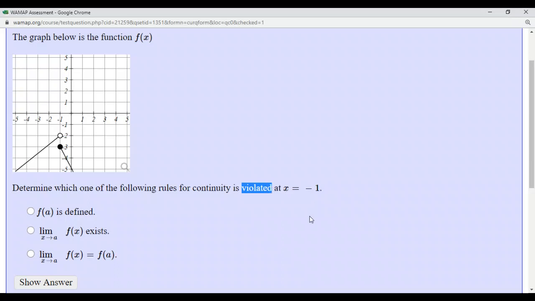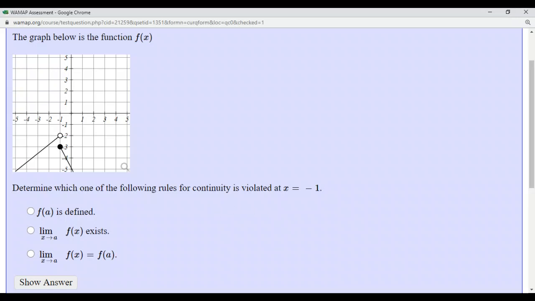Among the 3 rules indicated here, the first rule is not violated, so I am not going to choose that one as a multiple choice. This problem on its own is designed as a multiple choice. And so let's look at the next rule.